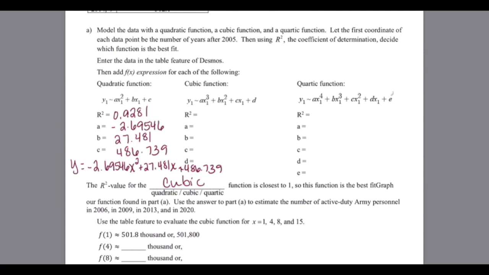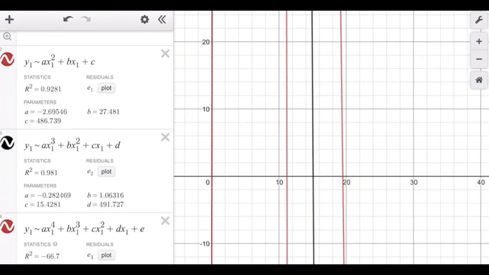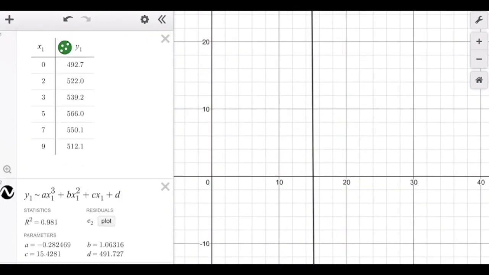Okay, so I'm going to graph using the cubic function, grabbing the values that they give us, and then we're going to determine f of 1, f of 4, f of 8, etc. So I'm going to just delete these two values here.